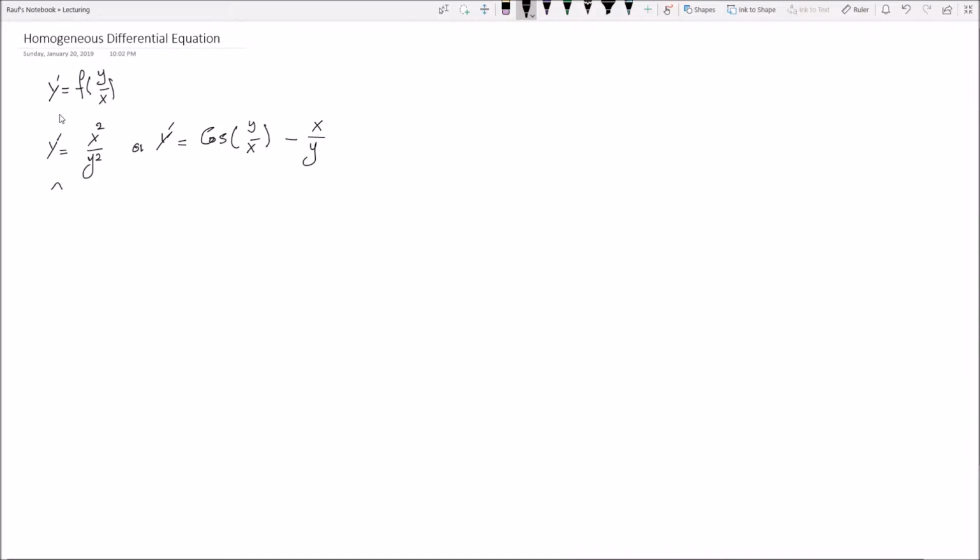So these are some examples of the way homogeneous differential equations look.